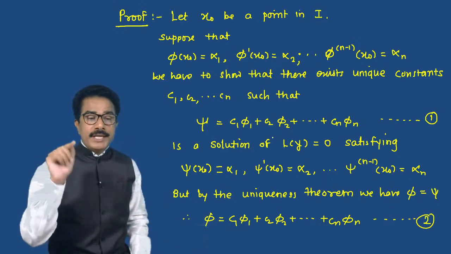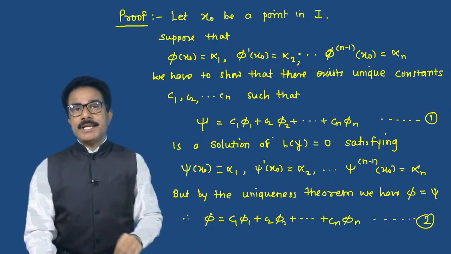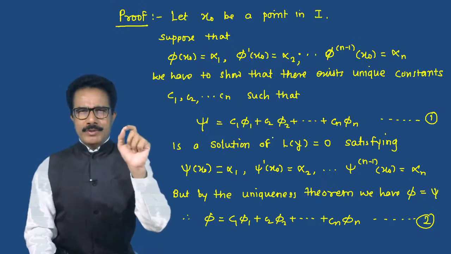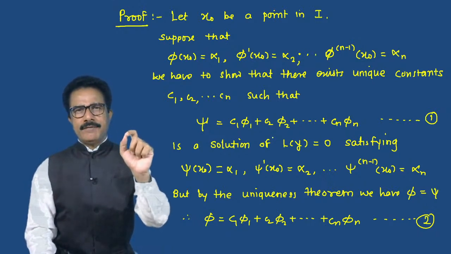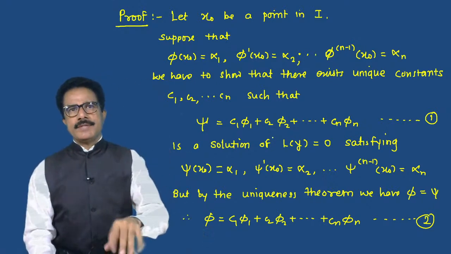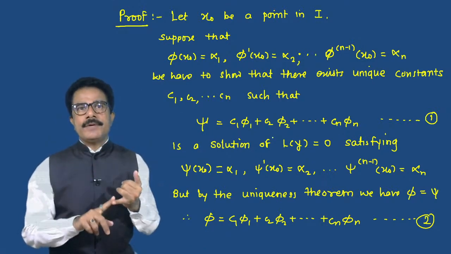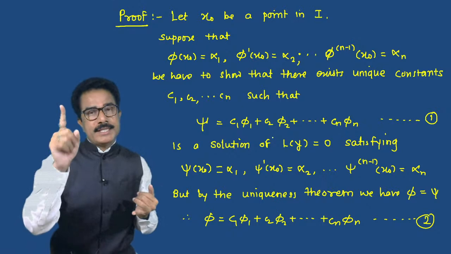But by the uniqueness theorem, we have seen theorem number 3, that is the uniqueness theorem. That means every homogeneous linear differential equation, whether variable coefficient or constant coefficient, has a unique solution. In chapter 1, we have also proved the uniqueness theorem.